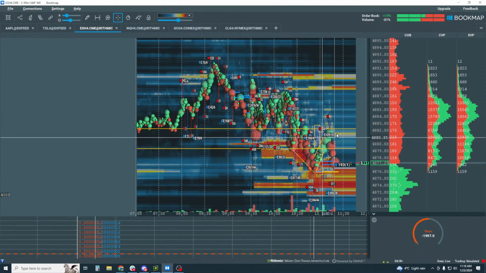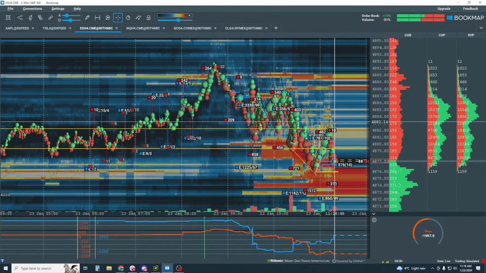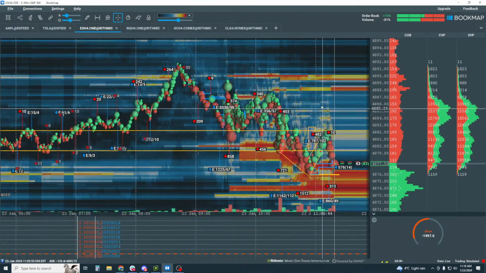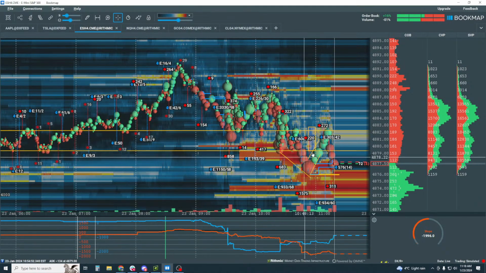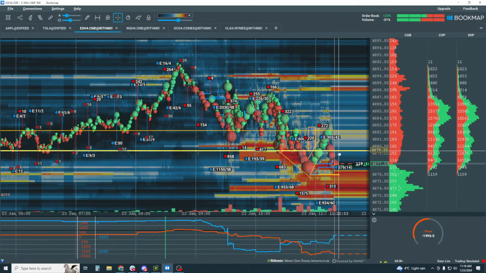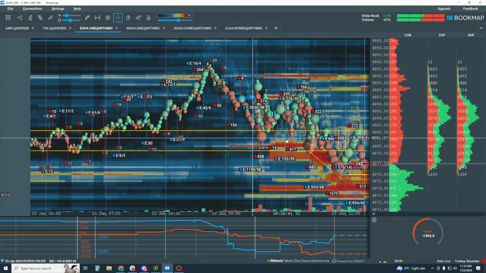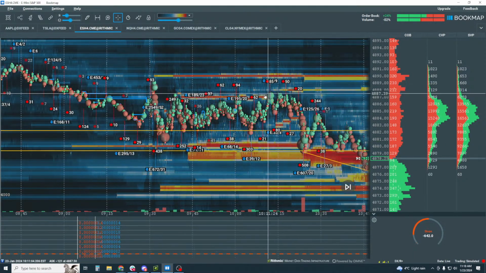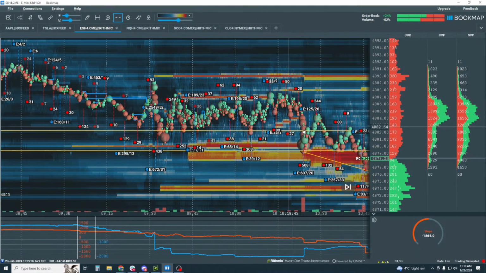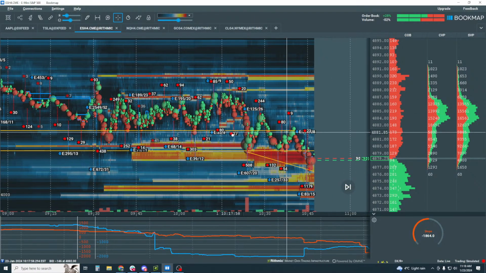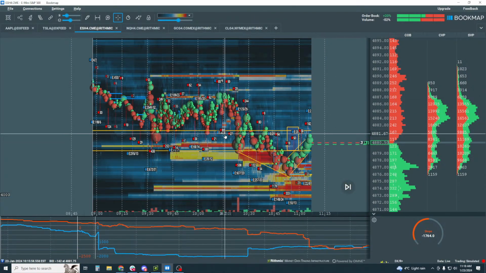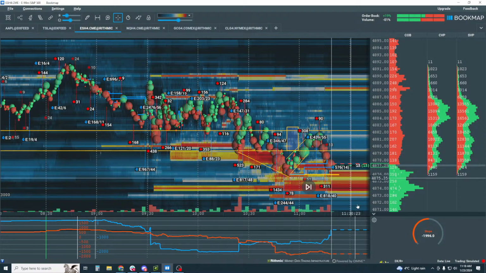Now let's zoom out and look at the higher time frame, look at the structure in here. We could have done that earlier. Boy, I didn't even look at our candlestick chart today. Sorry guys, we just saw some good stuff in here, lower time frame stuff, and we just went with it.